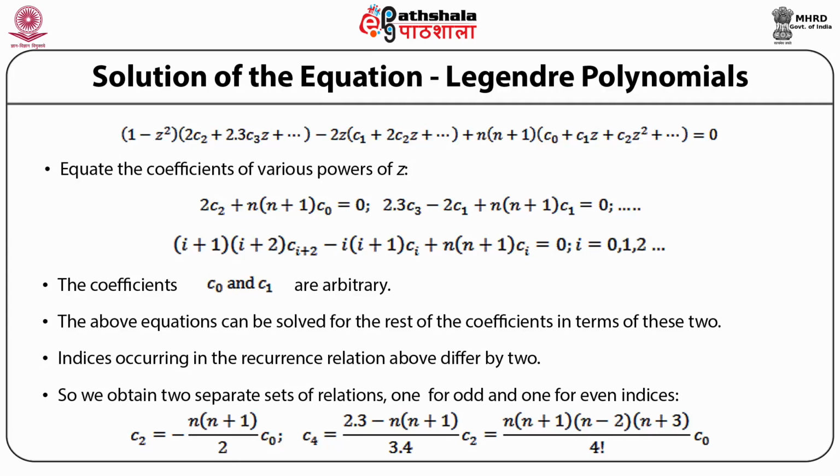This is also equal to minus (n minus 2) into (n plus 3) into c2 divided by 3 into 4, or may be simplified to obtain n into n plus 1 into n minus 2 into n plus 3 c0 by 4 factorial.